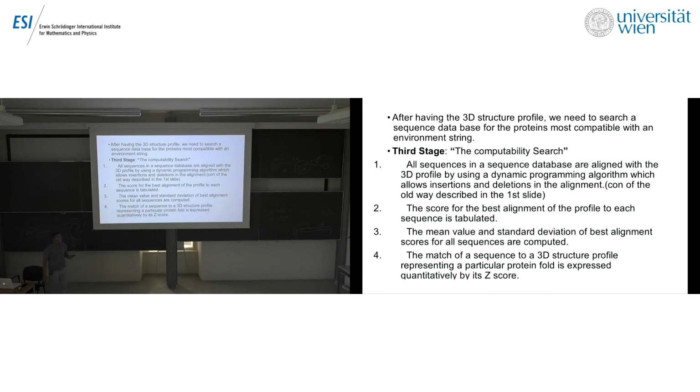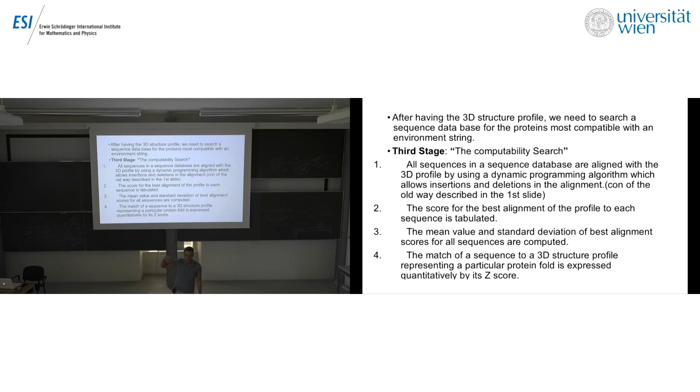The third stage is a computational search. What will we do? We will search for sequences that are similar to what we have, okay? We had scores, we had the 3D structure profile, okay? We had scores for each amino acid, so we can choose which amino acid will be in each position, and then we can get a 1D sequence of only amino acids placed together.